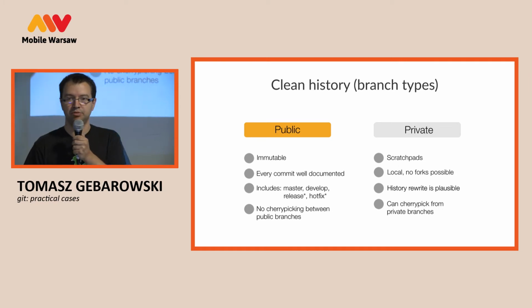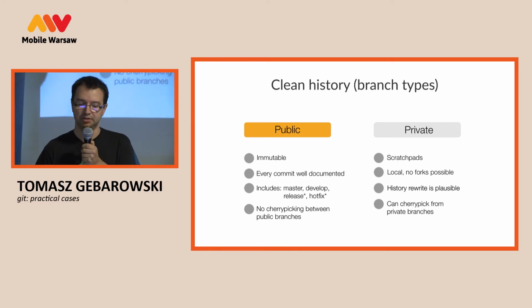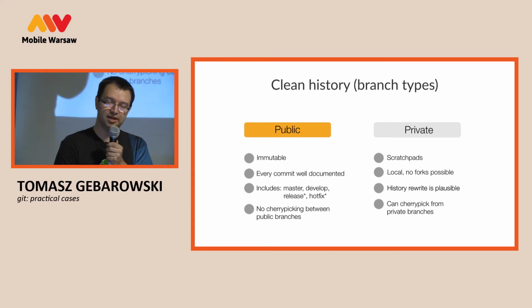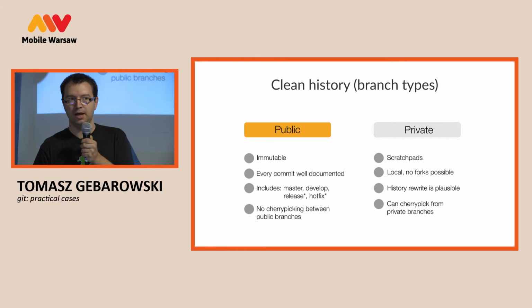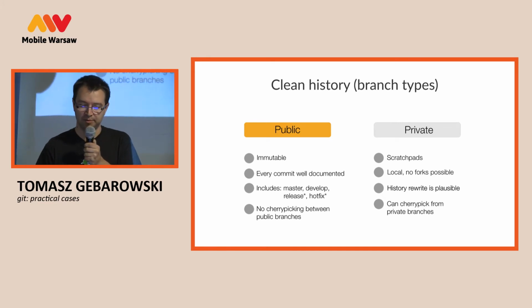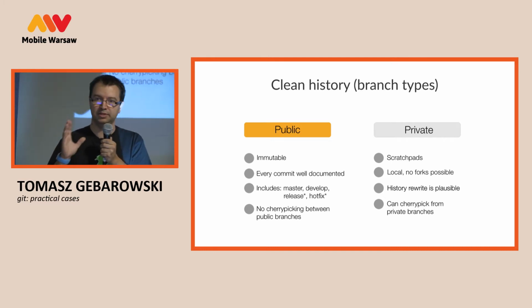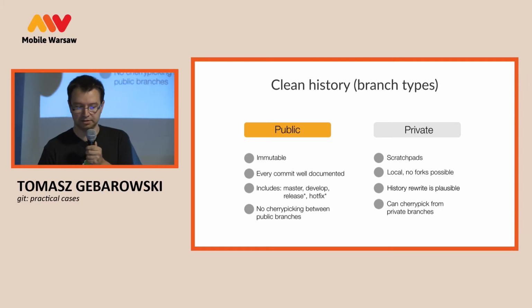Those branches are immutable, so we can't rewrite history. Cherry picking is not that welcome between those branches, for example, only in case of backporting. Those are the branches that have to follow the golden rule of rebasing.